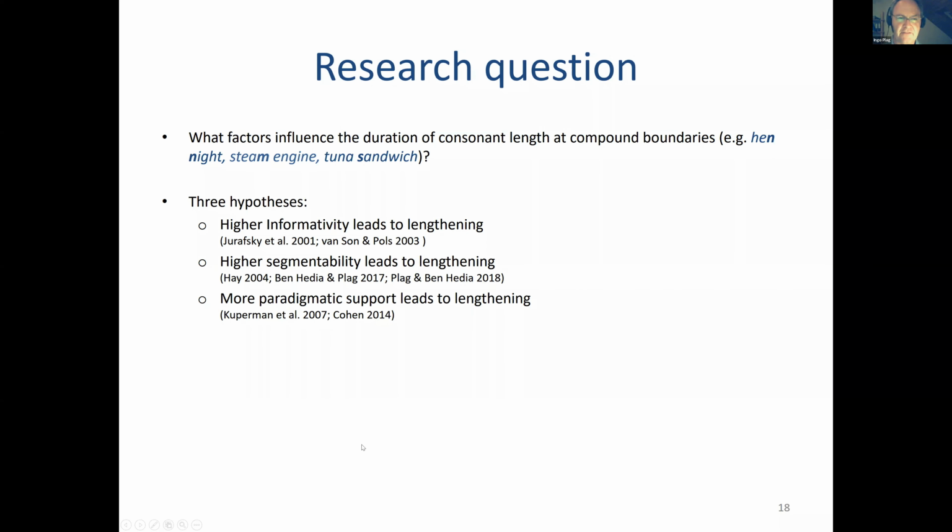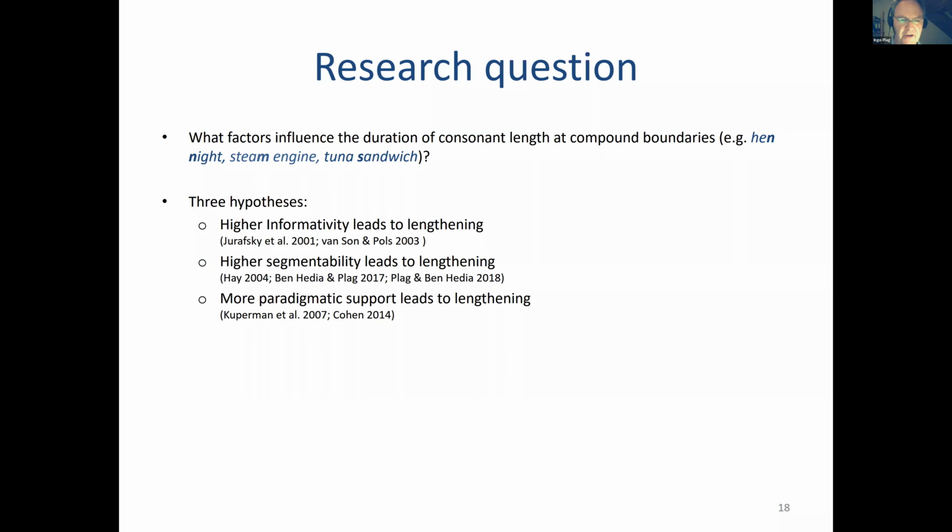And there are, in fact, 3 hypotheses that would predict certain effects. So, for example, the informativity hypothesis would say higher informativity would lead to lengthening. Higher segmentability would also lead to lengthening. So if a morphologically complex structure can be more easily segmented into its parts, then this is expected to lead to more lengthening of these parts.